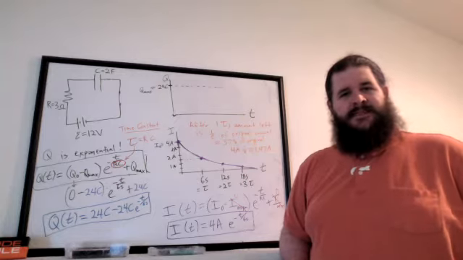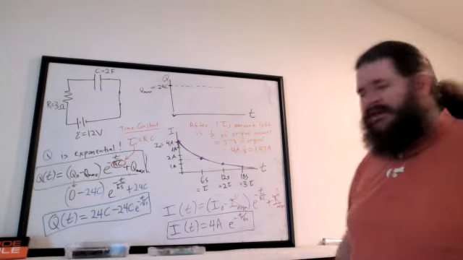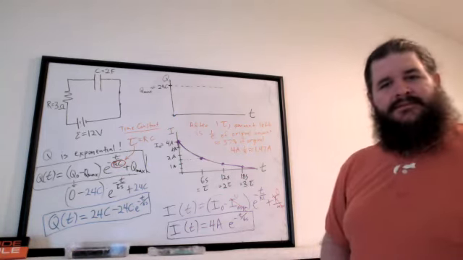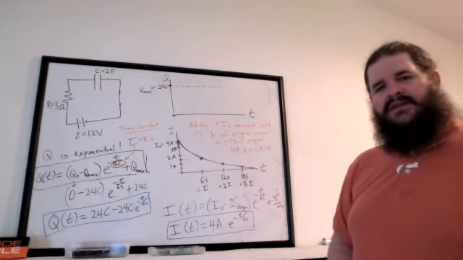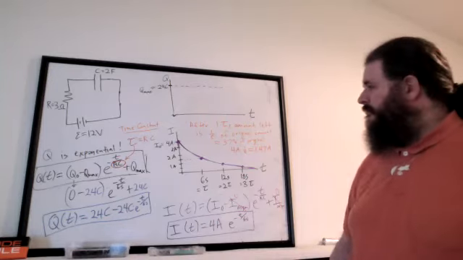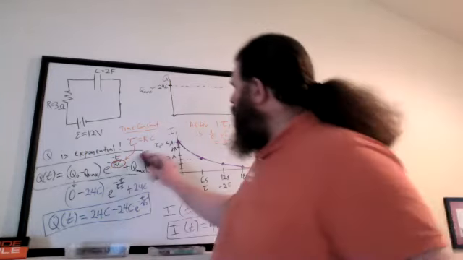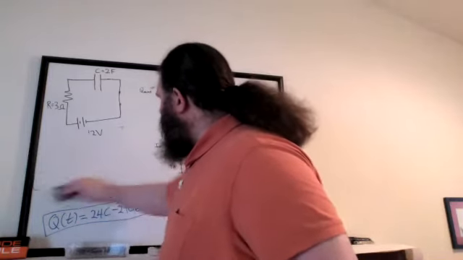How would you do that? If you know the time constant is 6 seconds. What exactly is half-life? It's the amount of time it takes for what to happen? I0 to be half. Yeah. We want to get to half the original amount.